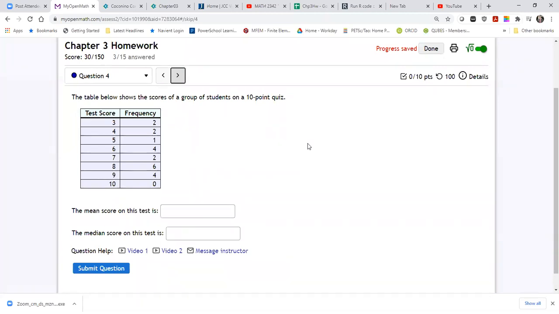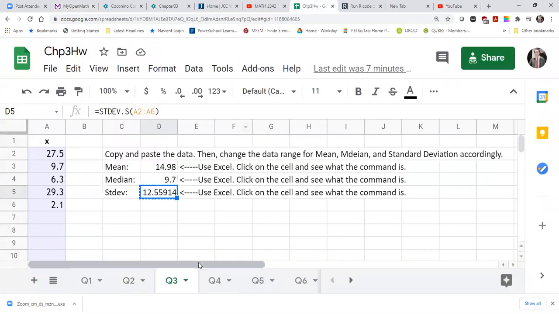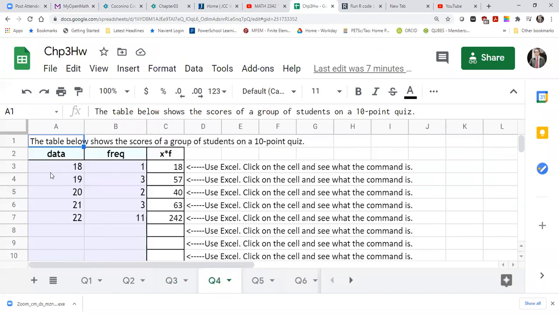So this we call the weighted mean. Okay, so you can copy this and paste it for number 4. Yeah, okay, so paste it here.